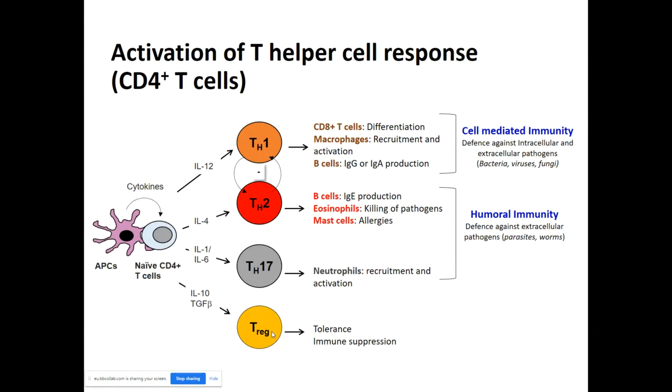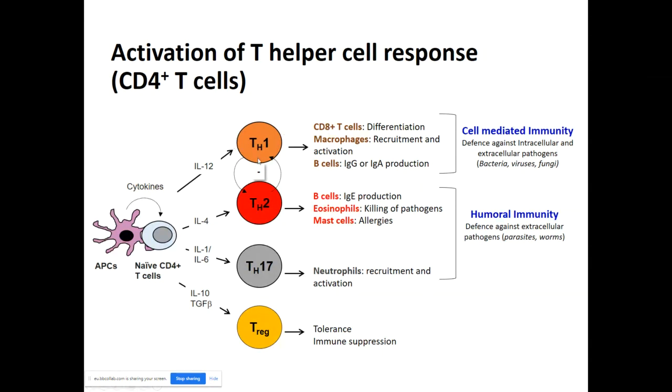If this is an intracellular microbe, the CD4 positive T cell will become Th1. These are CD4, Th1. Why do we call them Th1? Because they are the best to handle microbes that replicate inside the cells, as well as extracellular pathogens. But I just want you to remember intracellular, to keep it easy.